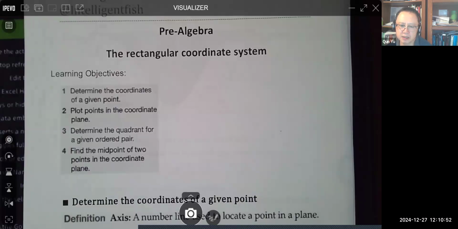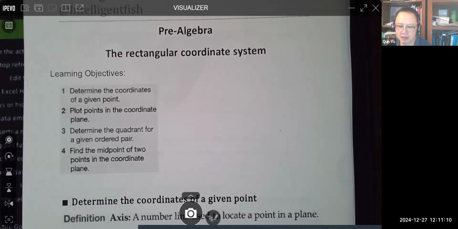And a third one is that we want to be able to identify the location of a given point in terms of a quadrant. And finally, we are going to calculate the coordinates of the midpoint of two given points. So let's get started.